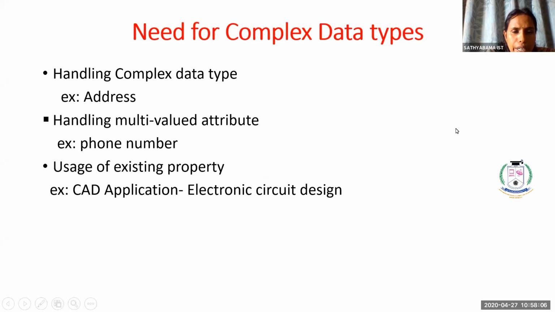And coming to the need for complex data, why do we want to go for an object-oriented database? That is very important. Before going into any topic, we should know why we are learning it, what the need is. See, for example, in the relational data model, as you are already familiar from your relational database management system, you are able to handle only simple data types, that is, simple and atomic data types.